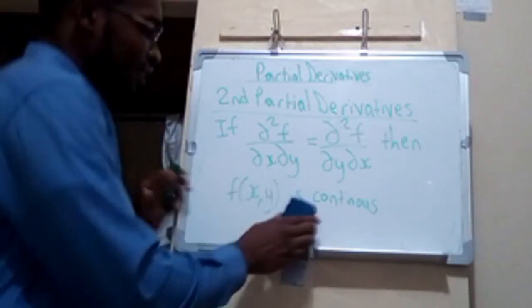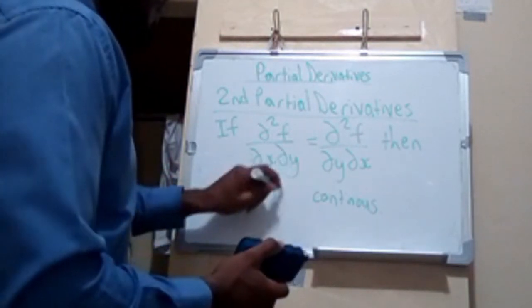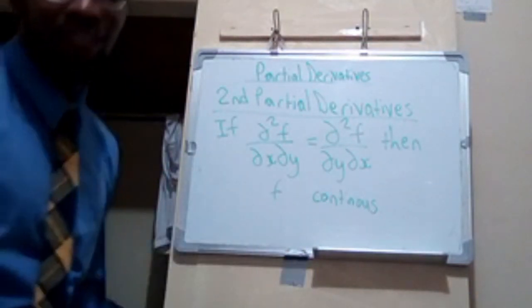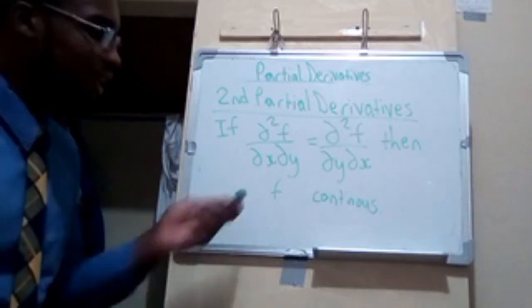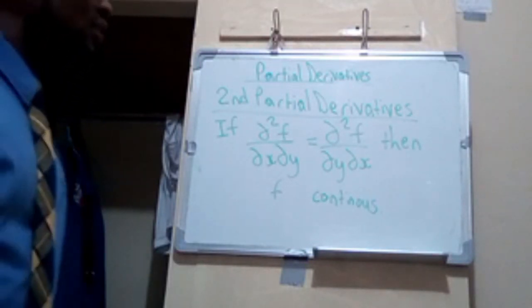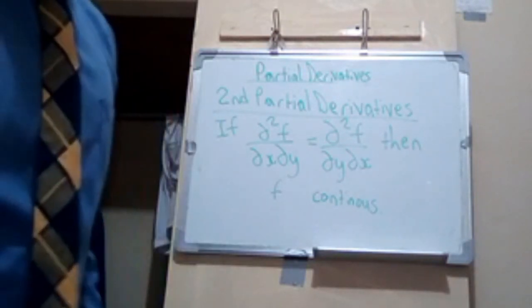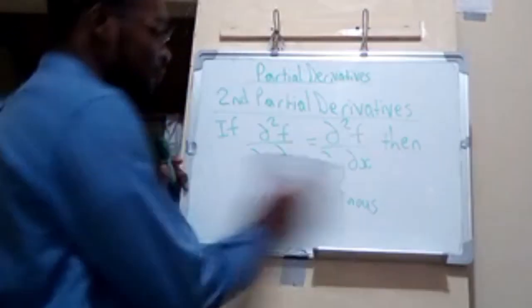Let's not even say f of xy, let's just say f is continuous, because the function might even be f of xyz. So f is continuous if ∂²f/∂x∂y equals ∂²f/∂y∂x. So let's look at an example with these now.